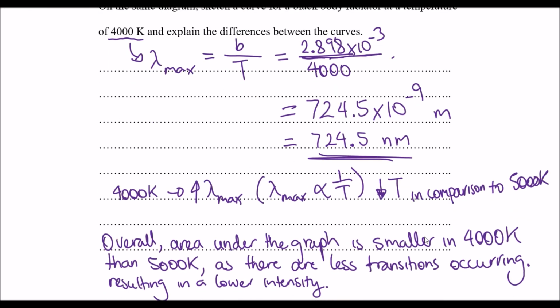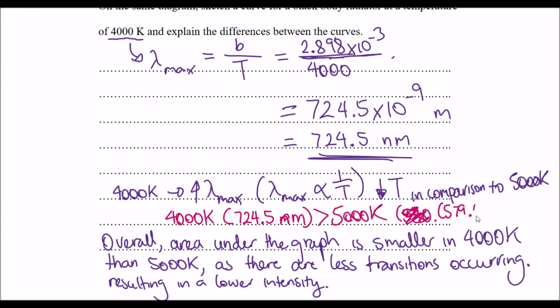Okay, so in comparison, our 4000K had a wavelength of 724.5 nanometers, which was bigger than our 5000K, which had a wavelength of about 579.6 nanometers.